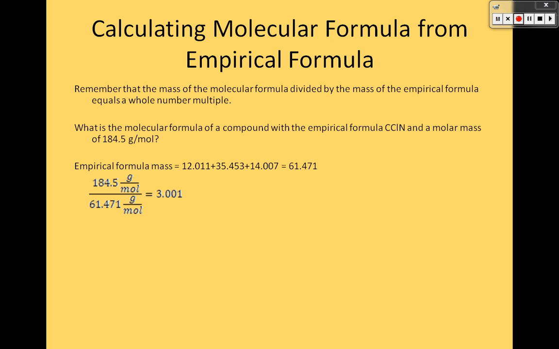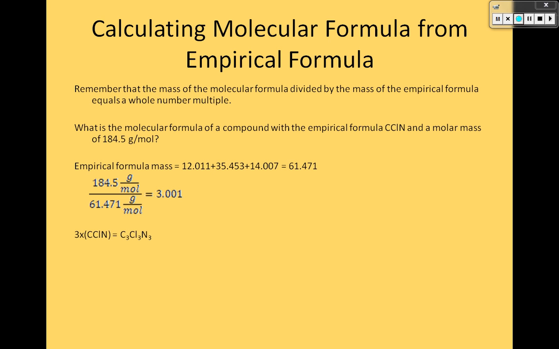We're going to assume that's 6, and that it's not some weird funky ratio. So 3 times CClN is C3Cl3N3. That would be our molecular formula from our empirical formula.